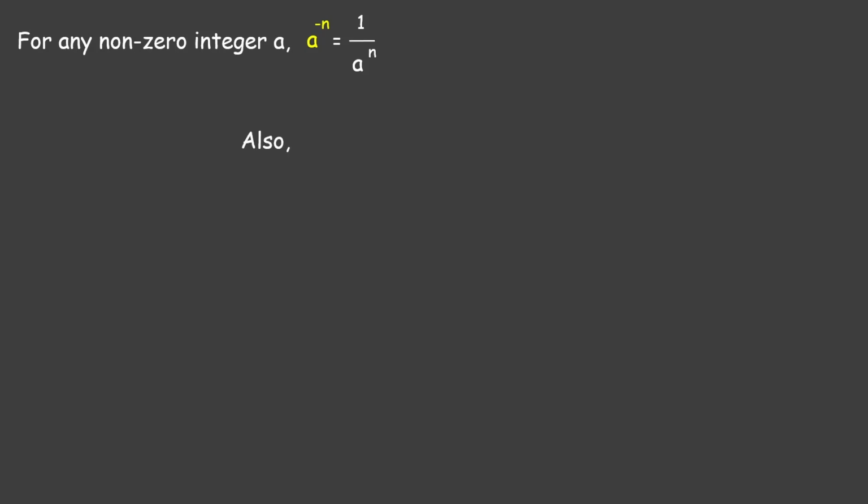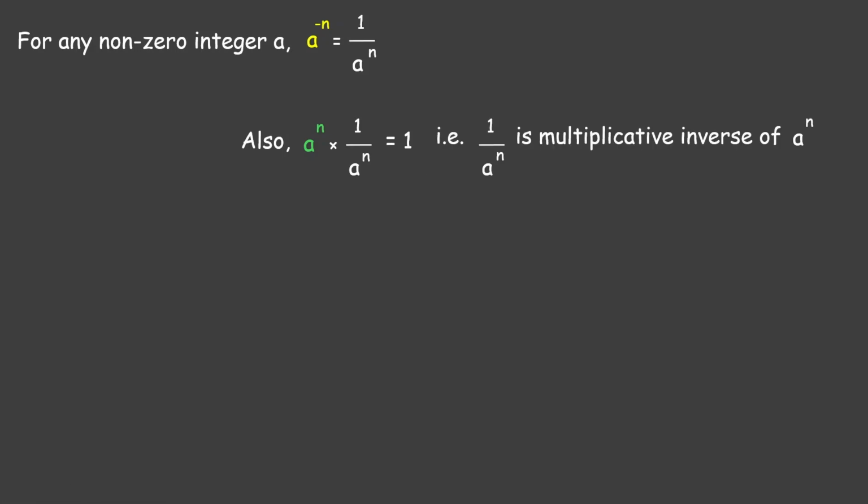Now, a raised to the power n into 1 by a raised to the power n will be equal to 1, because these two will cancel out. Because now we can just say that 1 by a raised to the power n is the multiplicative inverse of a raised to the power n, since on multiplying them, we are getting 1. So, these two are multiplicative inverses of each other.